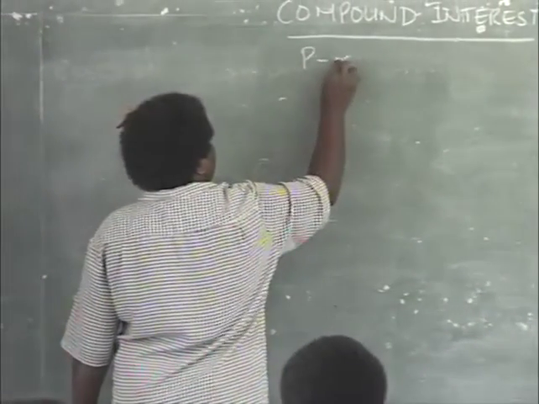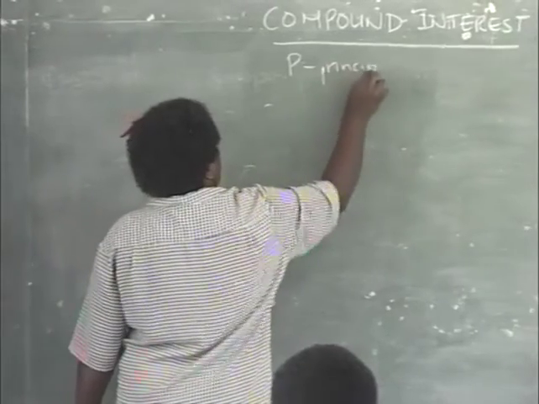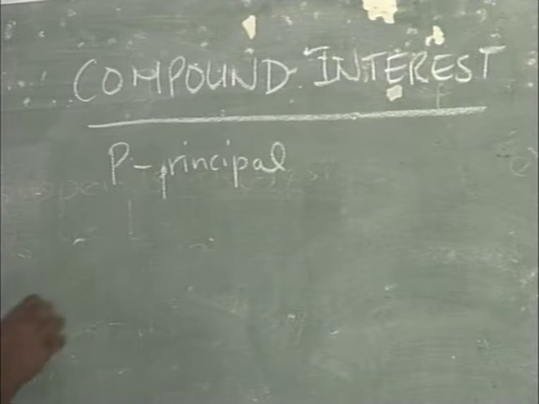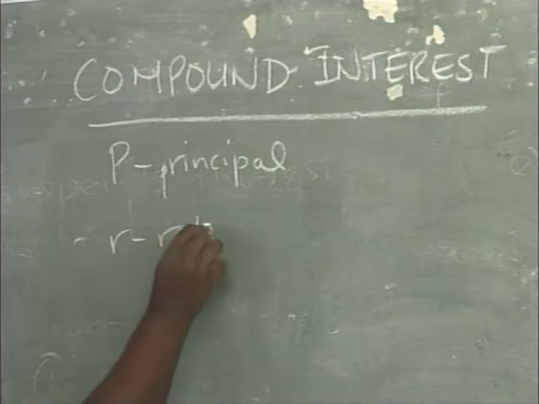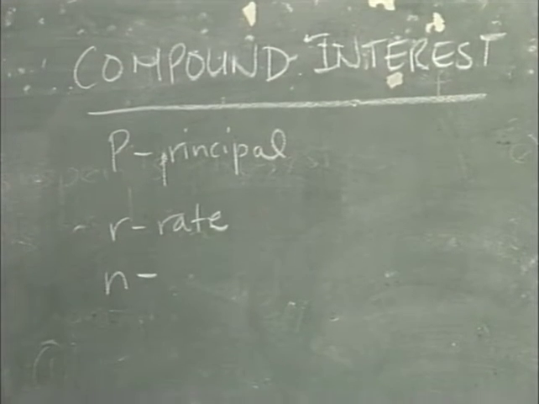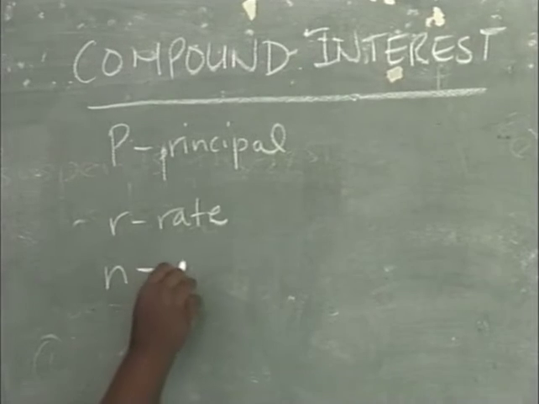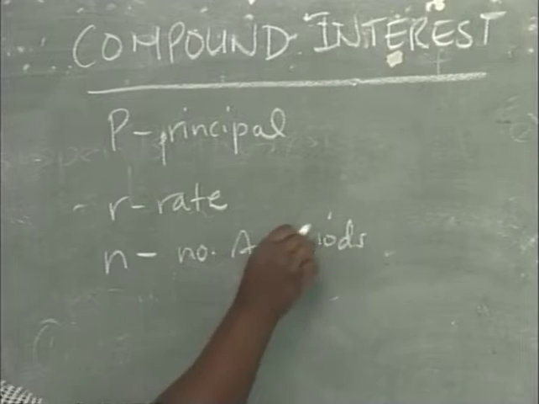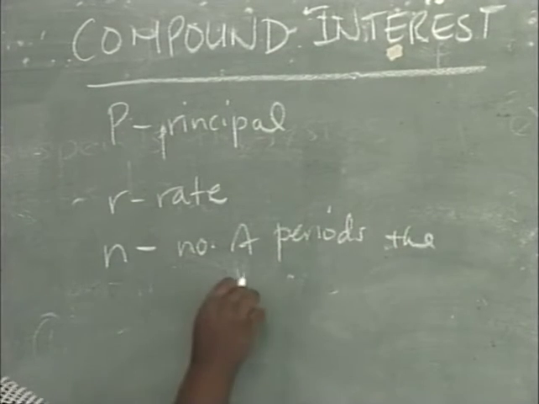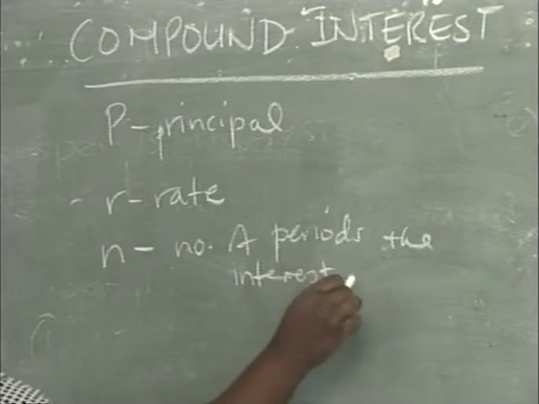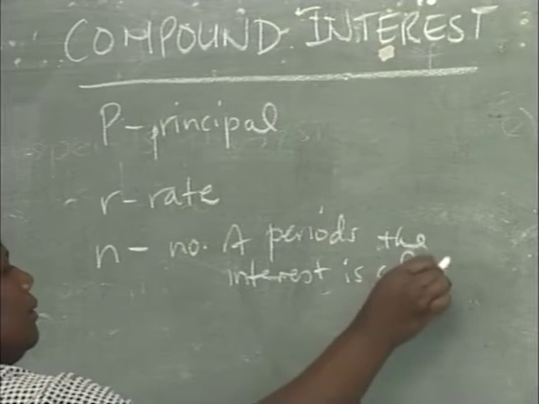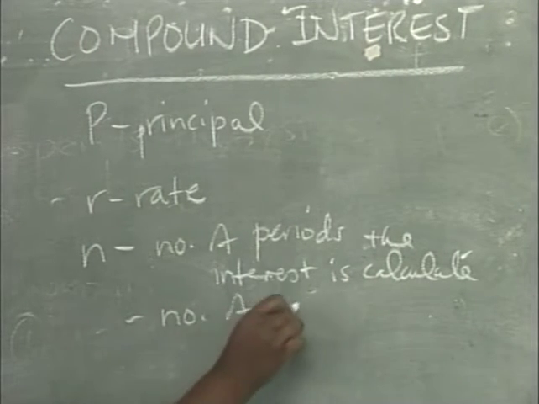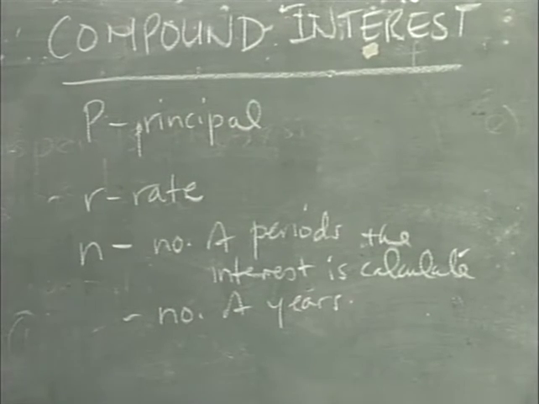If P represents the initial amount of money that's invested or that is loaned, P is the principal, R is the rate. Okay, this time we use N, which represents the number of periods the interest is calculated, or sometimes it also means the number of years, depends.